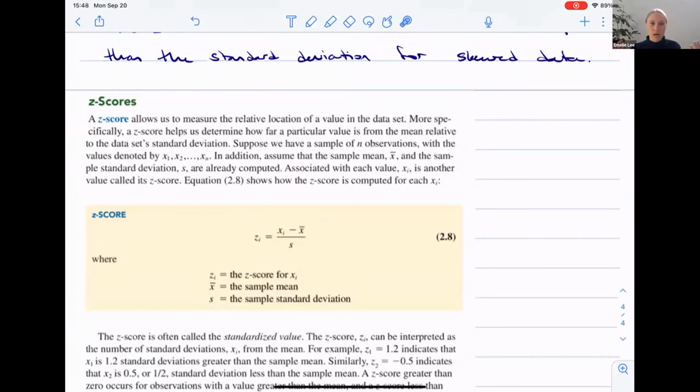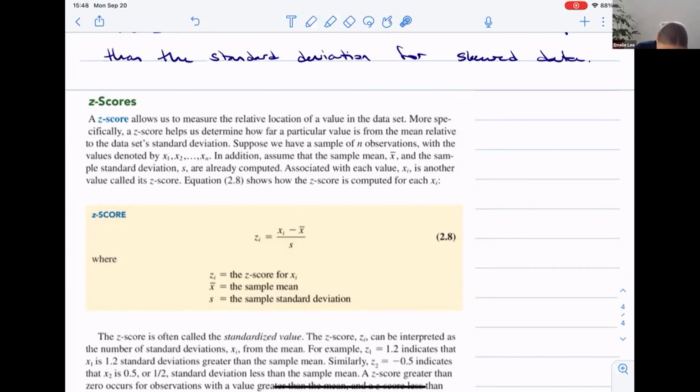If there's a lot of spread, say a spread of 30, then a distance of 10 from the mean is not that big of a deal. But if our spread is only 2, then a distance of 10 is really, really large. We need some way to communicate that, and the easiest way is with Z-scores, or standardized values.